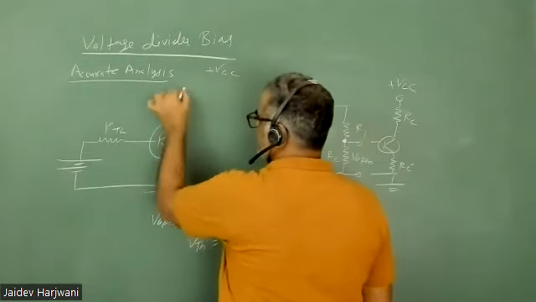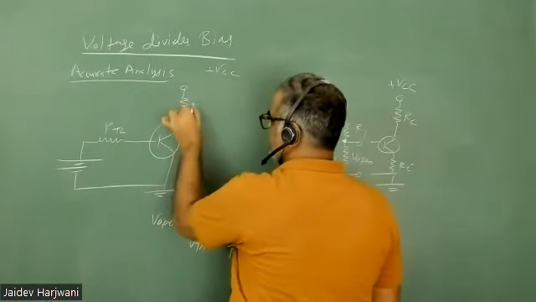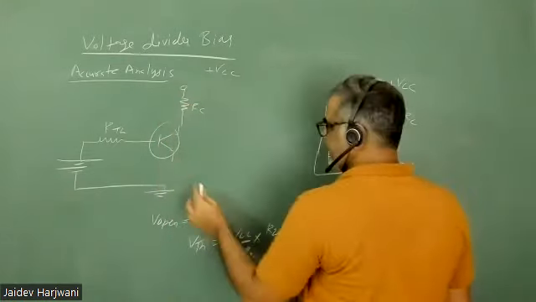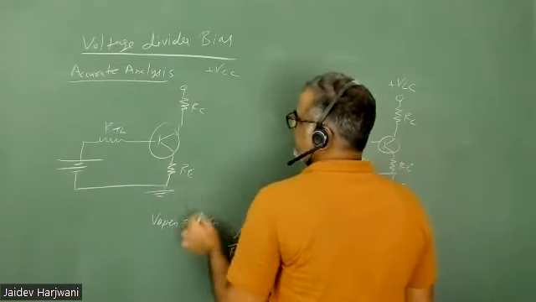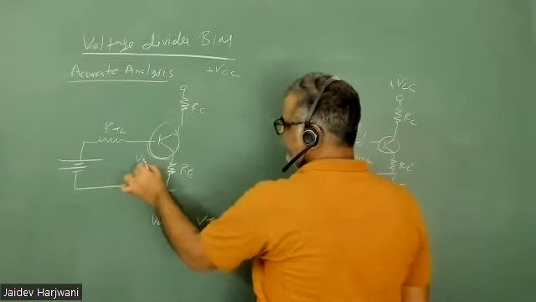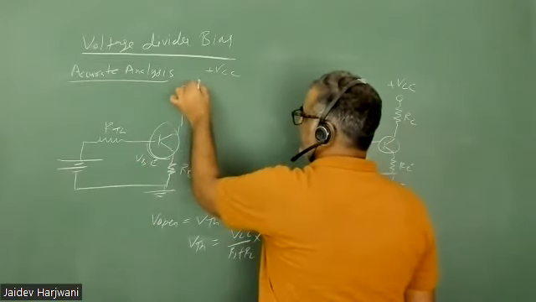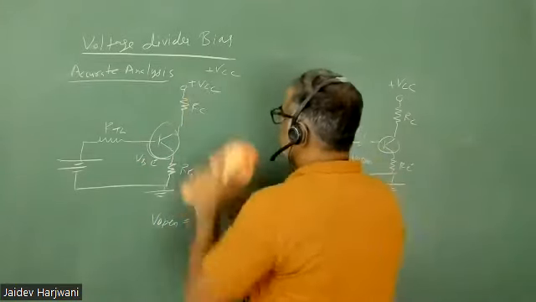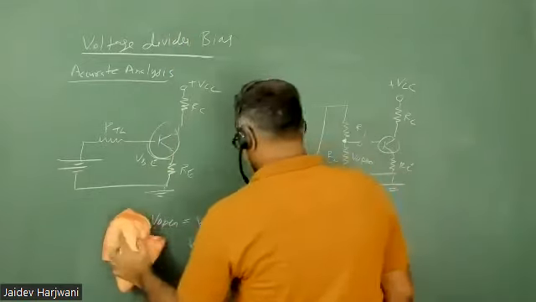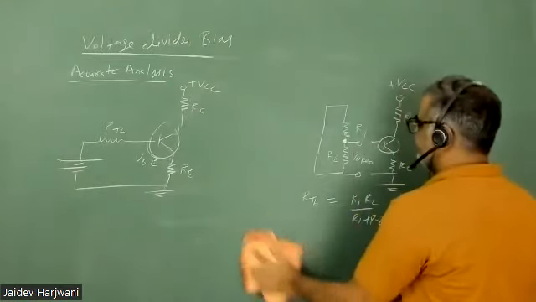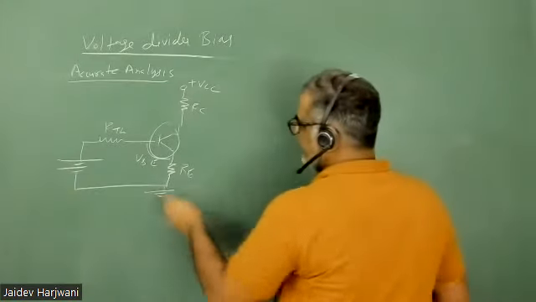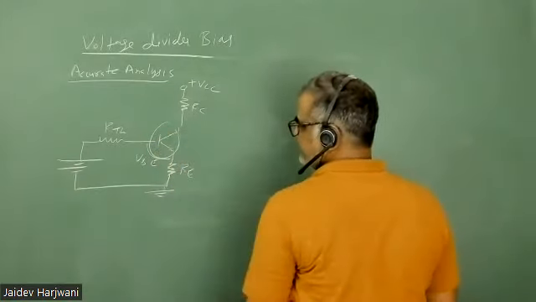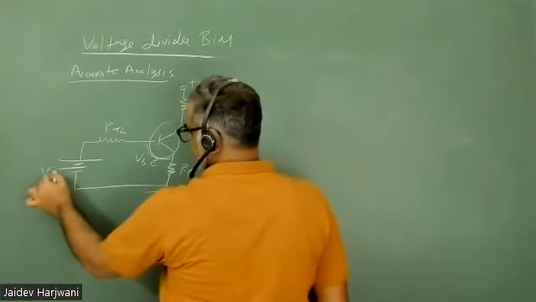Here I have RC and RE also there. Here the voltage drop is VBE. Here I have plus VCC. So this is my equivalent circuit for the given problem.